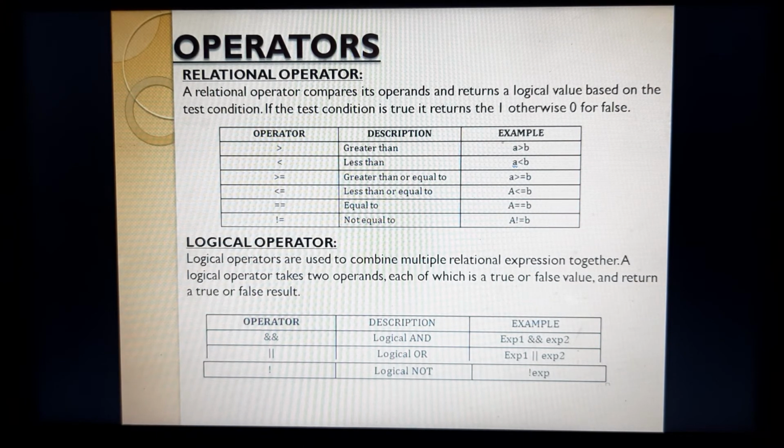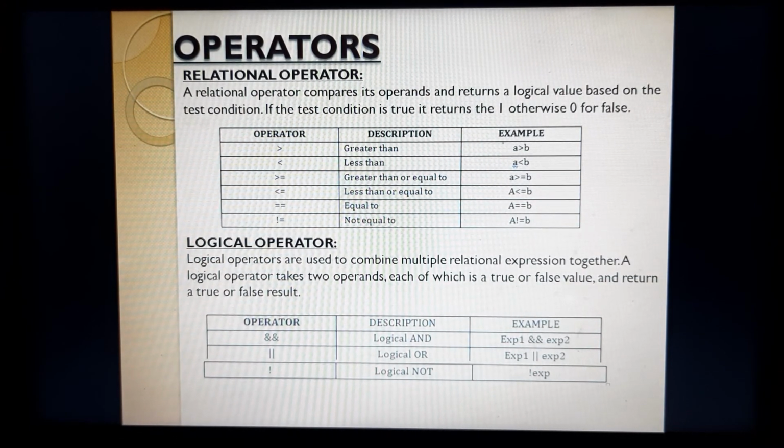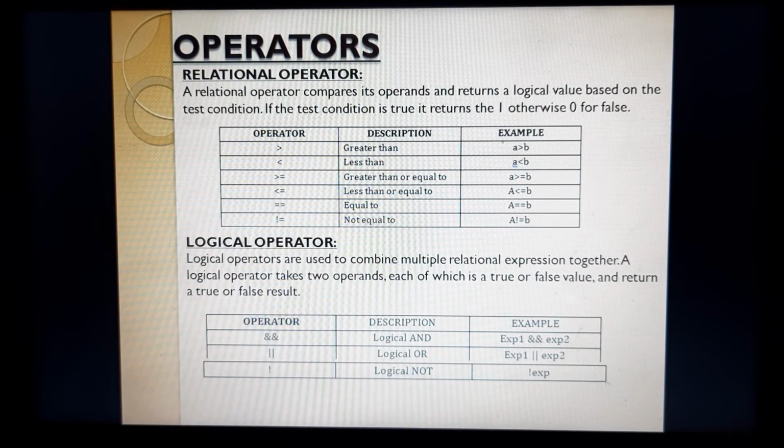So the relational operator compares the relation between two operands, whereas the logical operator combines two or more relational expressions together. Therefore we use the logical and, or, and not operators. So exp1 is nothing but a relational expression, and exp2 is the second relational expression.